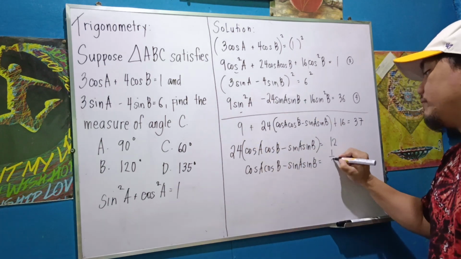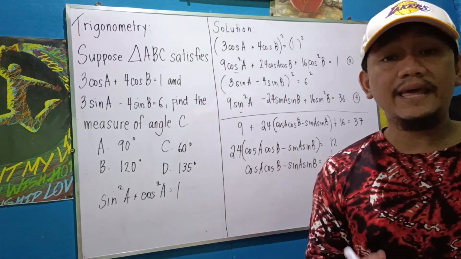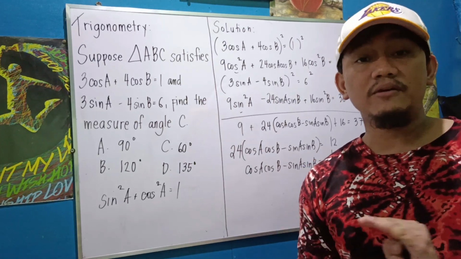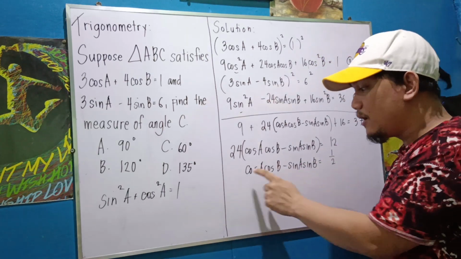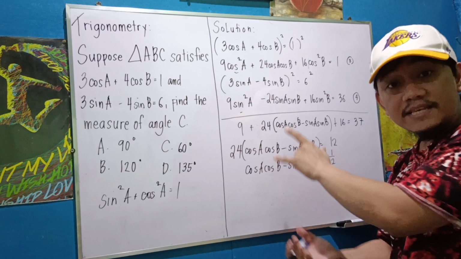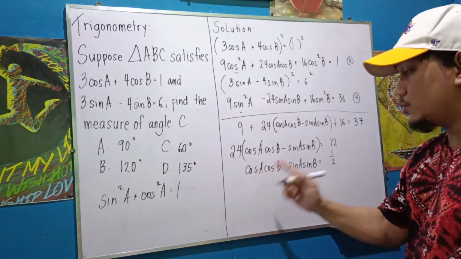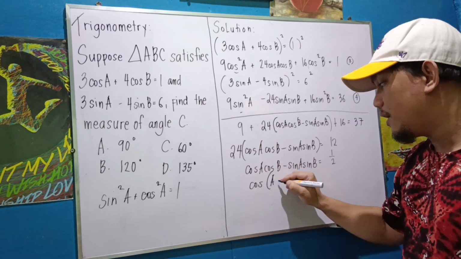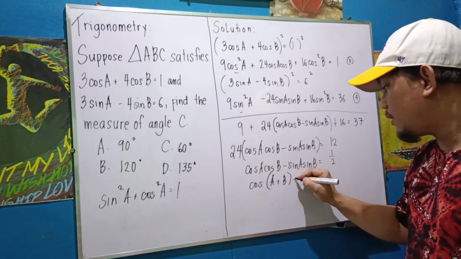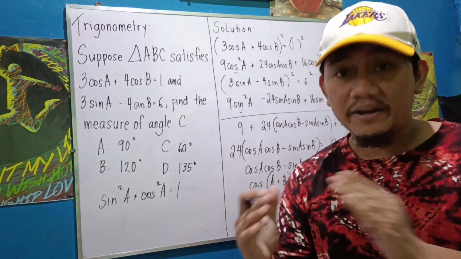That is 1/2. From the left side of the equation, if we recall the identity for cosine, meron tayong sum and difference. So the left side of the equation can be expressed as cosine of A plus B equals 1 half. You may revisit your identities at least to verify.